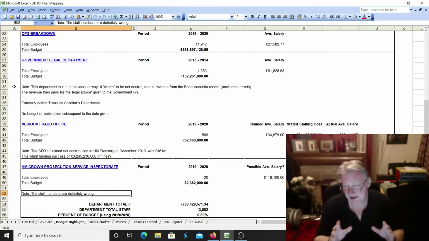So the assets that were held by that individual after they've deceased, if there is nobody to claim those assets, get taken into the ownership of the Crown. And this particular department is the recipient of that revenue.